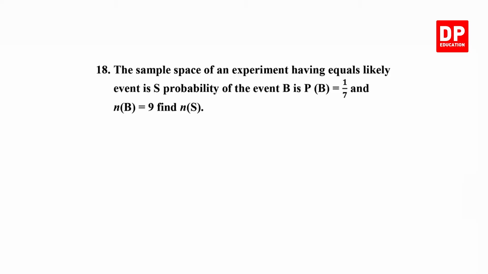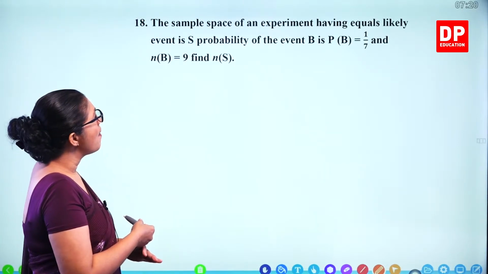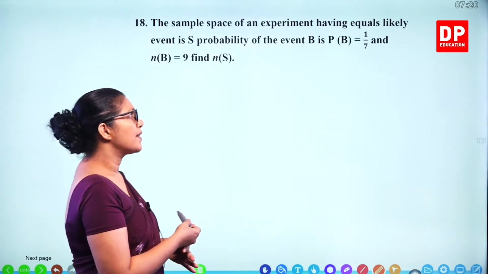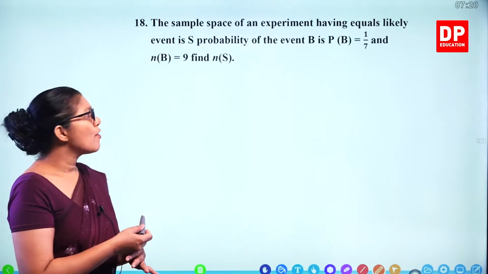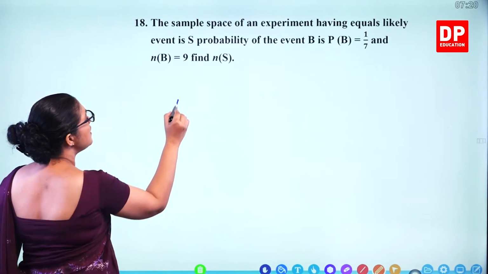Question number 18. The sample space of an experiment having equally likely events is S. The probability of the event B is 1/7 and n(B) equals 9. Find the number of elements in the sample space. What is the probability of B?